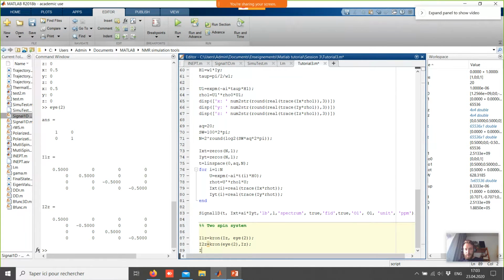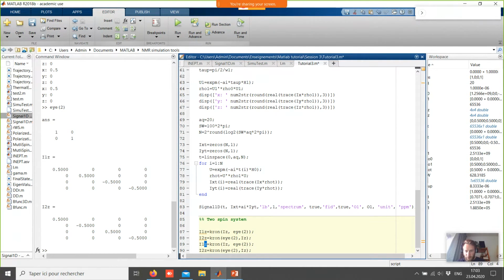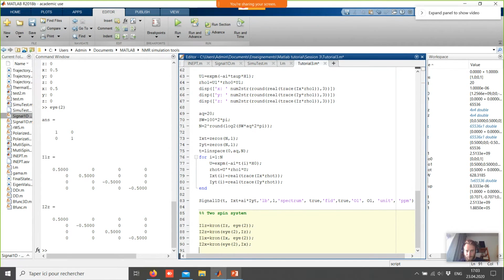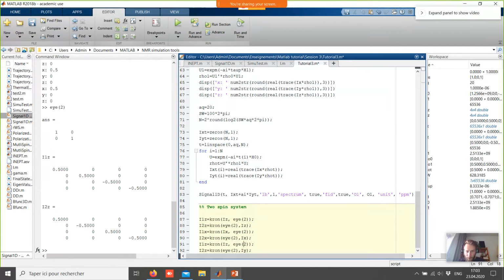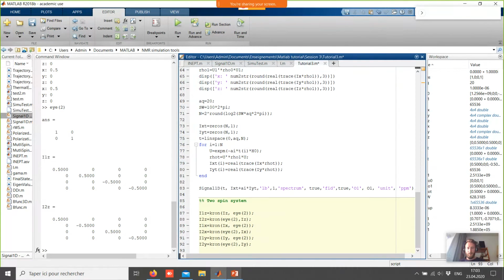We will need later on the same thing for IX. I will simply copy all this. So now I have defined the angular momentum operator for my two spins in three directions in the space describing the two spins together.